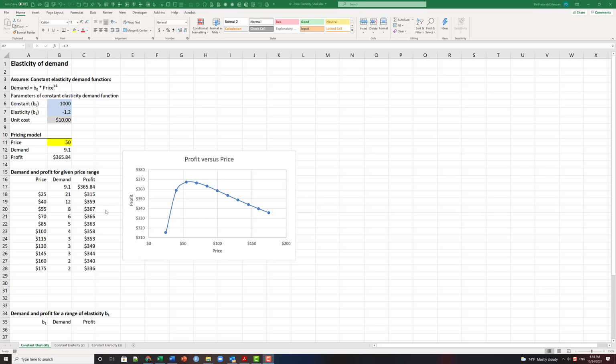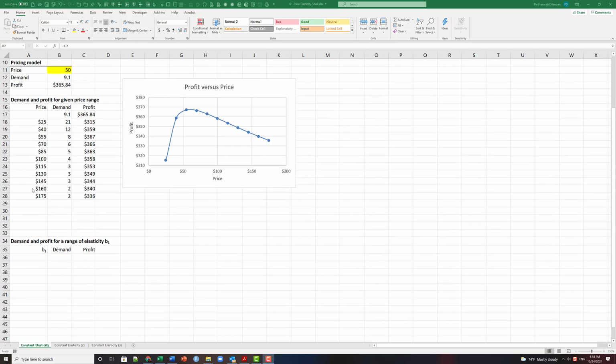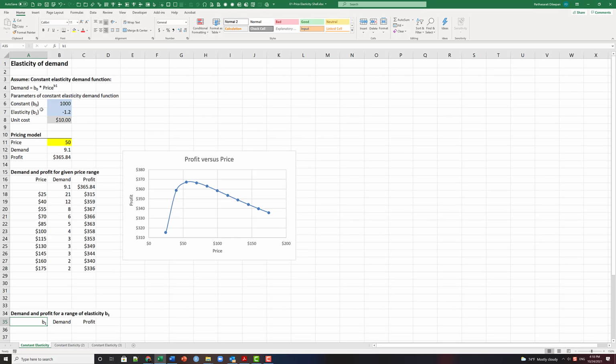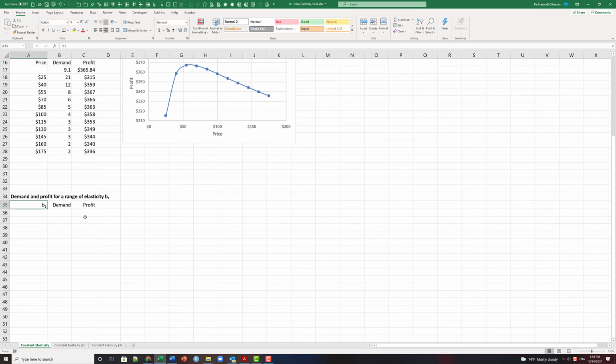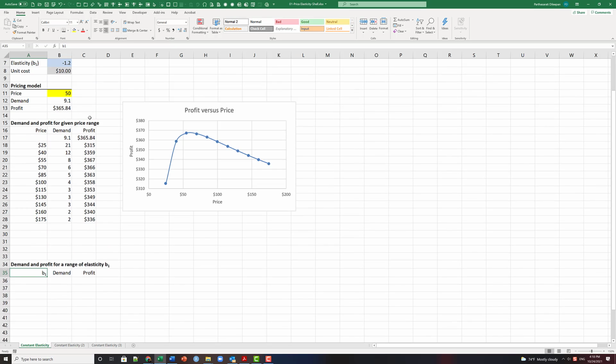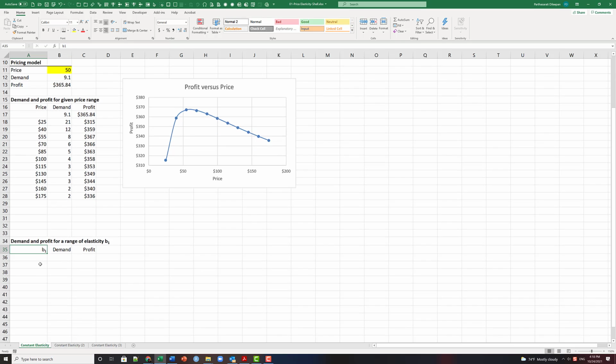Now, continuing with the price elasticity model, suppose we want to analyze the effect of the elasticity coefficient on profit. So we can repeat the same data table type of analysis.